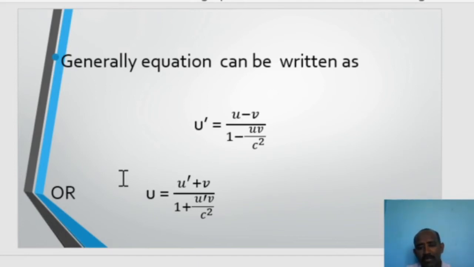So this is the relativistic velocity addition theorem. Suppose a body is moving with a relativistic speed, in such cases we have to use this formula. That is not simple addition, so this formula we have to use in that case.